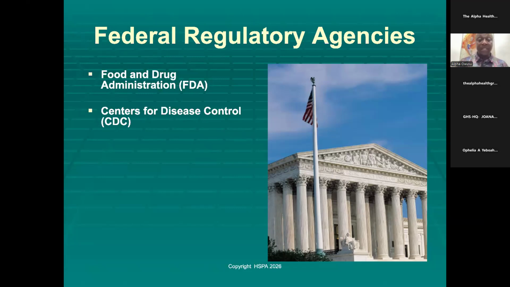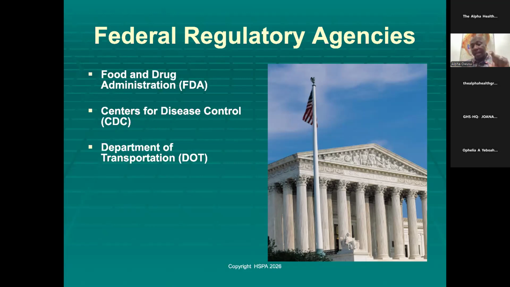Centers for Disease Control. The sterile processing technician would have to know what it pertains to in their department. Very, very important. Department of Transport. Why? Last week somebody asked me a question. One of the cadets asked me, he said, Nana, how are we going to transport the instruments from one place to the other in order not to cross-contaminate?